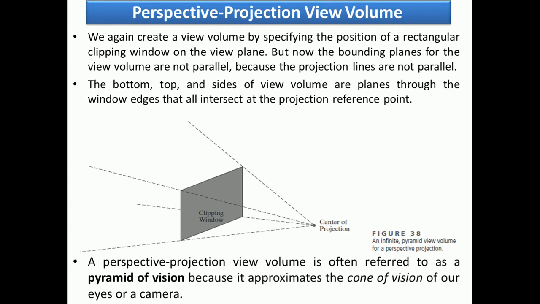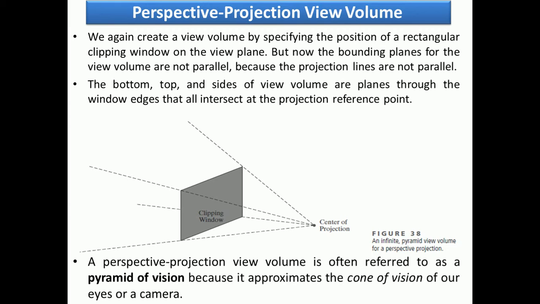Then the next important concept is the perspective projection view volume. Here we again create a view volume by specifying the position of a rectangular clipping window on the view plane. But now the bounding planes for the view volume are not parallel because the projection lines are not parallel.